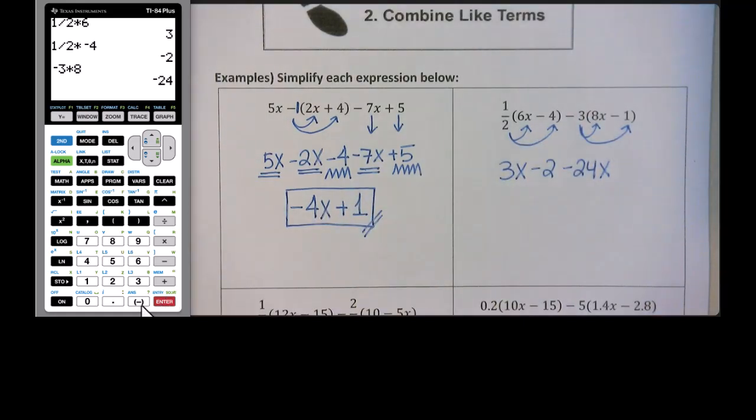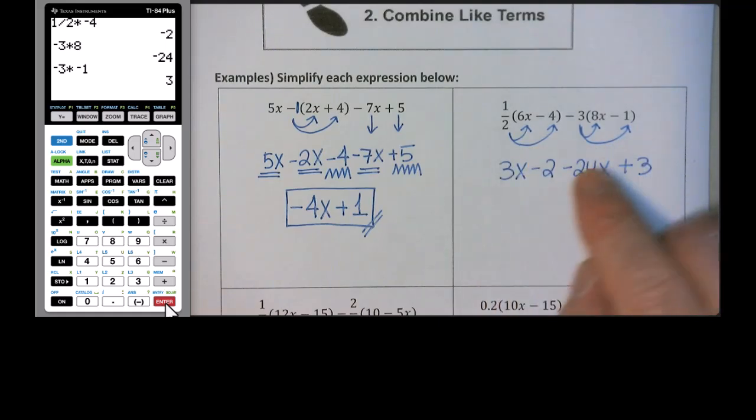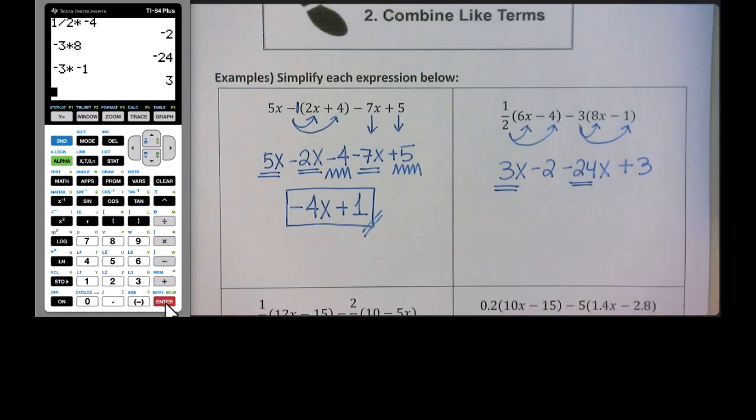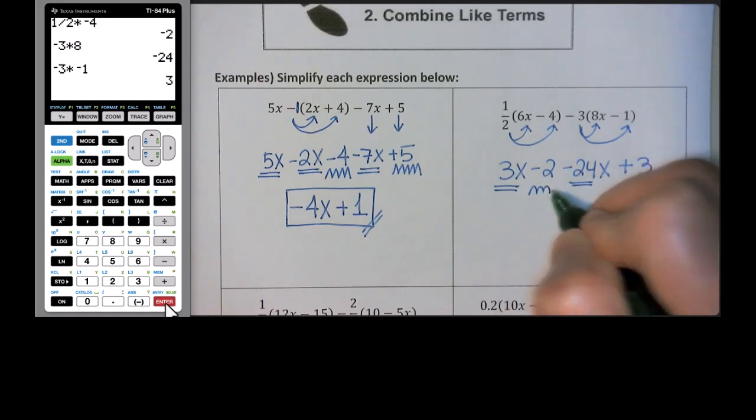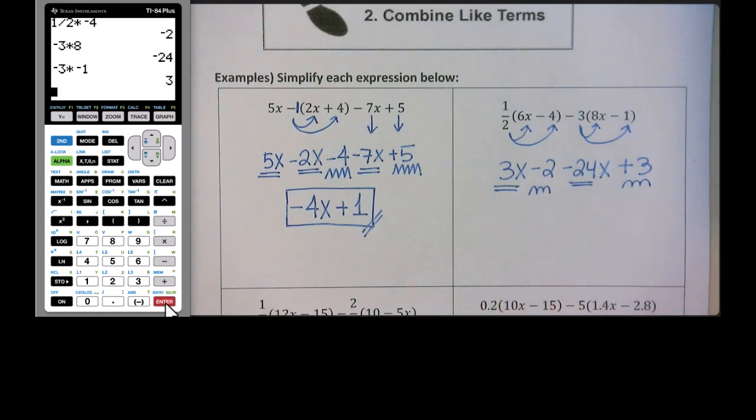Then we have -3 times -1, and we get +3. So if you notice, first step is to multiply. Once you multiply, we're going to combine like terms. And so the -2 combines with the 3, and then 3x combines with -24.